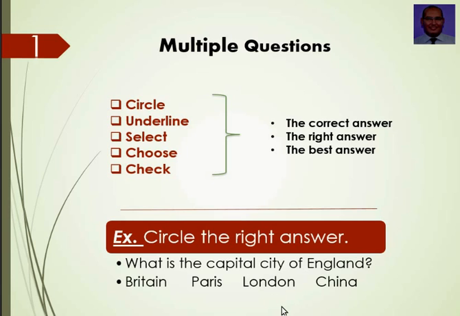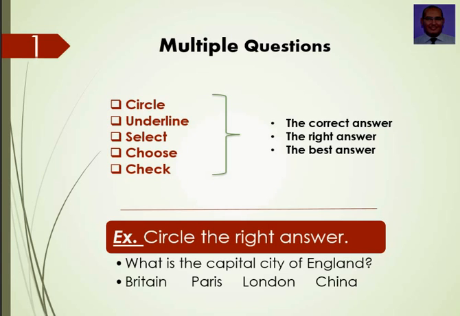Unfortunately, a number of students just tick or underline, but this is not the good way of answering. Why? Because I asked you to go and circle. I didn't say underline. So when you answer a question like this, consider the verb. I said circle.